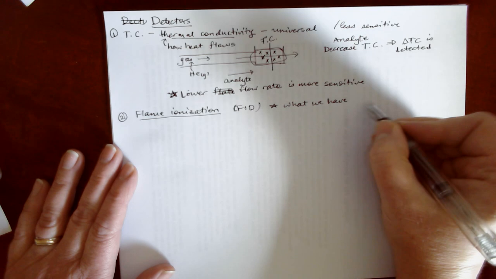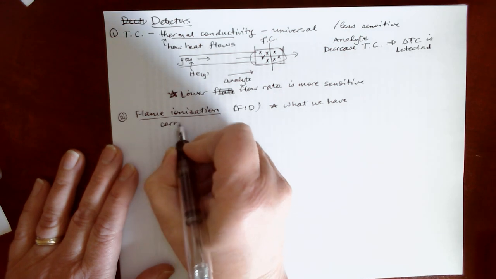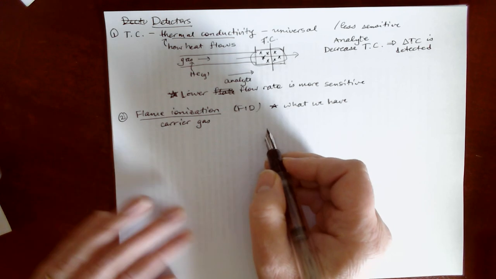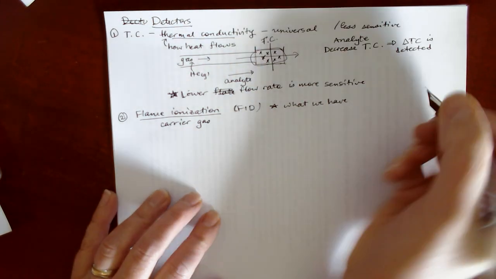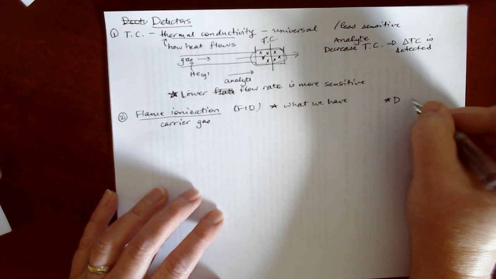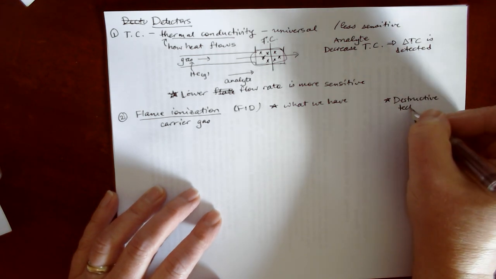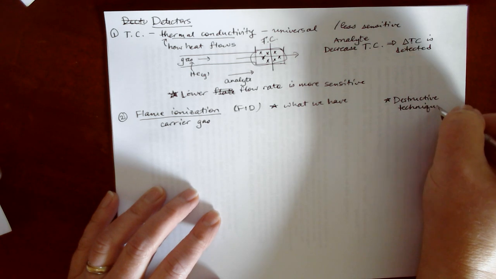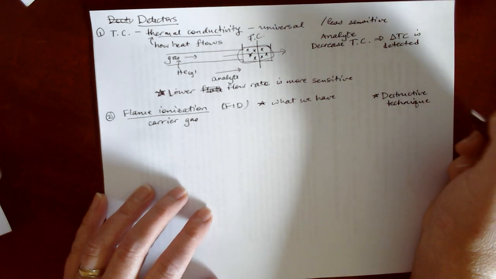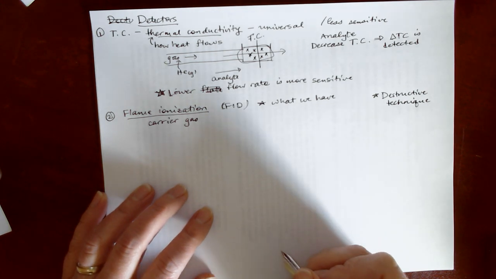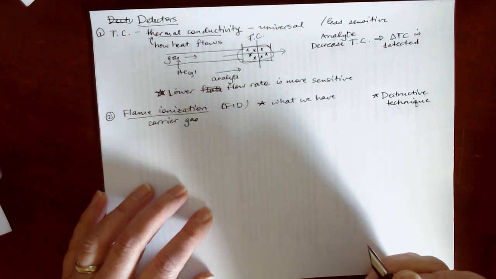And so for the flame ionization, because you are using some kind of flame in here, that means you need to burn your sample, which means that this is a destructive technique. So you can't use your sample for something else afterward, which can be a disadvantage. You wouldn't want to use this with some sample where you only had a little tiny bit and it was some precious thing. But for many applications, this works just fine.